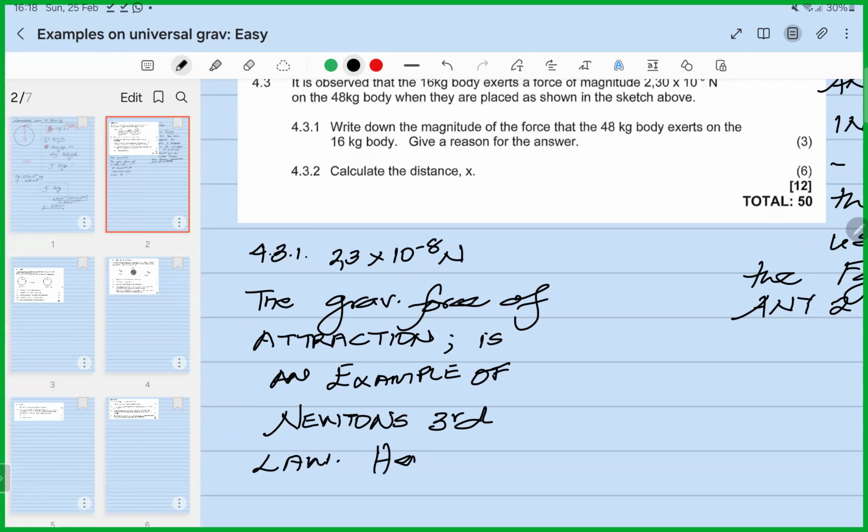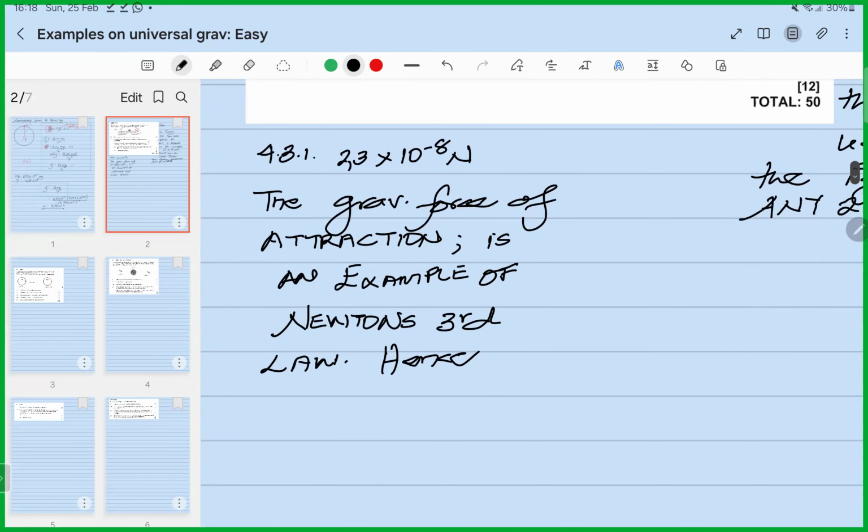Hence, the forces are equal in magnitude, but opposite in direction.